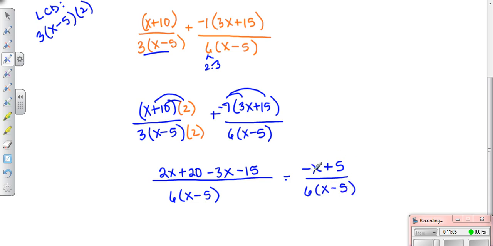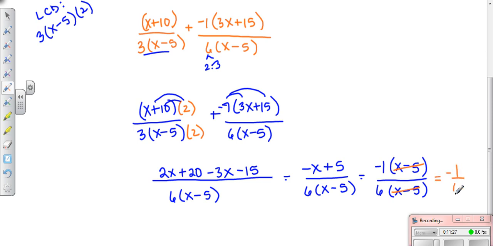Remember our trick, if my signs are just opposite of what I want, I can factor out a negative 1 and flip those signs. Cancel x minus 5, x minus 5, and that fraction boils down to negative 1/6 when you combine all the like terms.